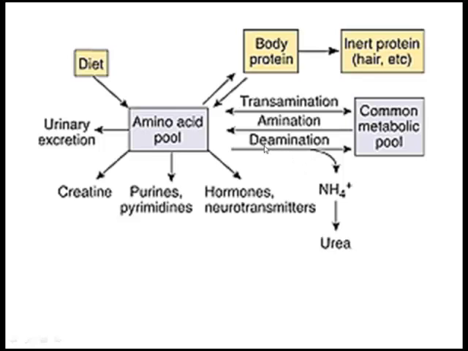The result of the reaction of deamination is the formation of urea. So if we measure urea and creatinine or the urinary content of amino acids, we can express the activity or the condition of this amino acid pool.